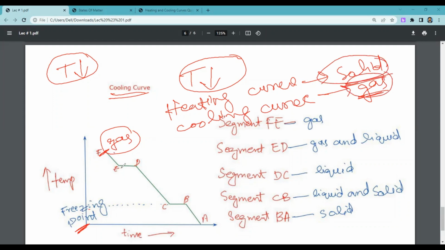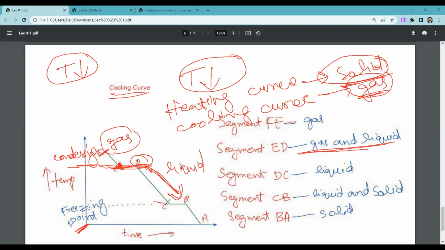This is a gas. At this point, the gas will convert into a liquid. It means that as temperature decreases, the substance will start condensing, and at this point, both liquid and gas will exist. This is curve ED. While we are moving downward, we are seeing that this is liquid.